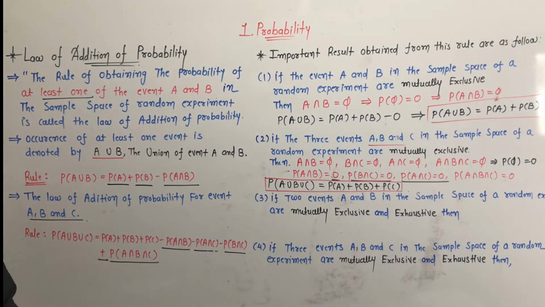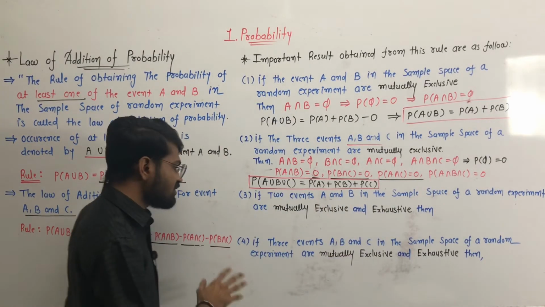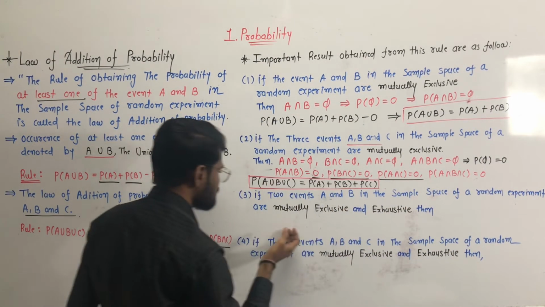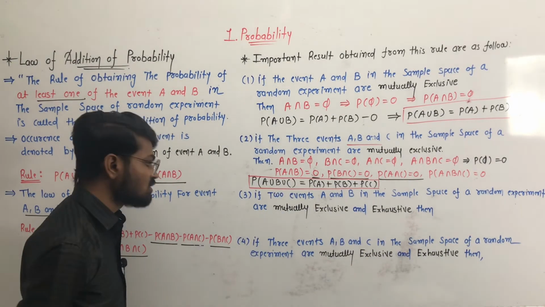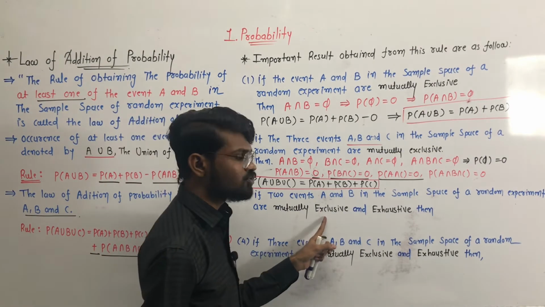Clear? Done? Okay, now rule number 3 is that if the two events A and B in the sample space of a random experiment are mutually exclusive and exhaustive. What is the condition for mutually exclusive?